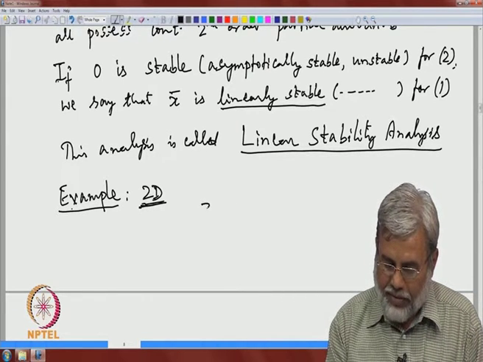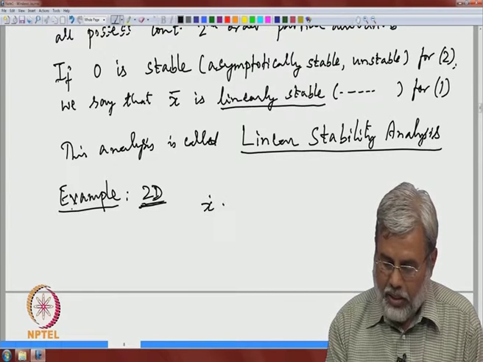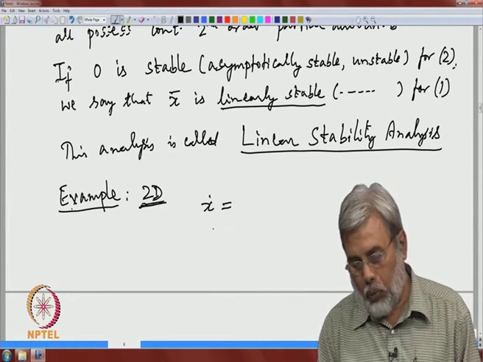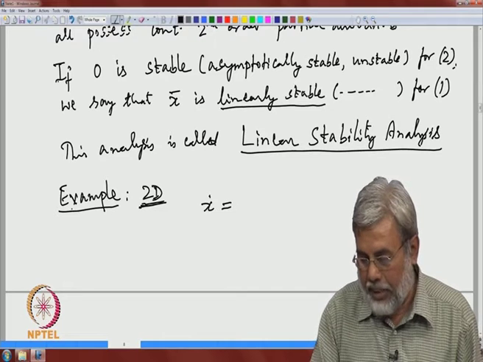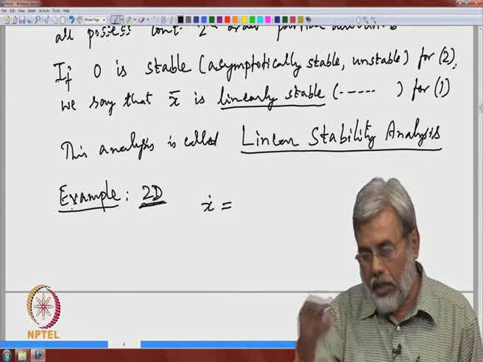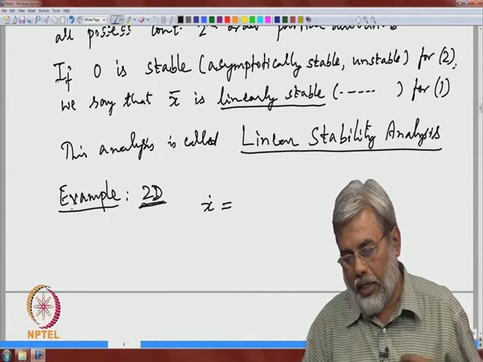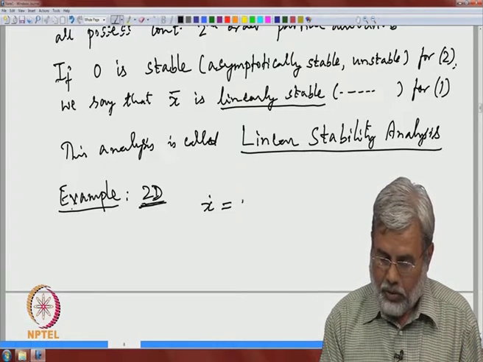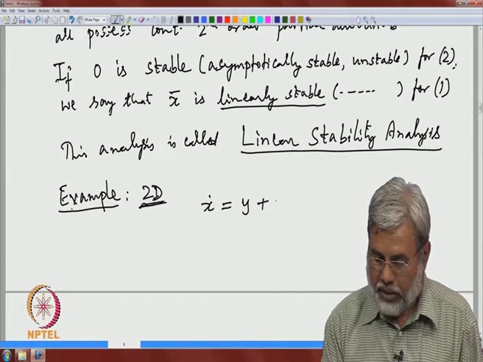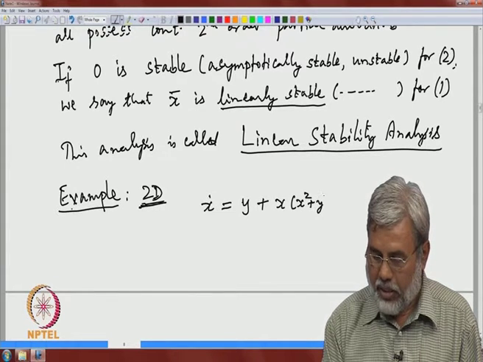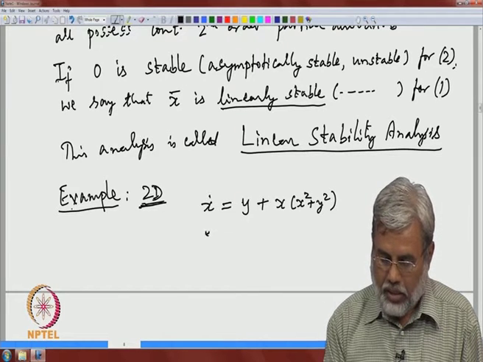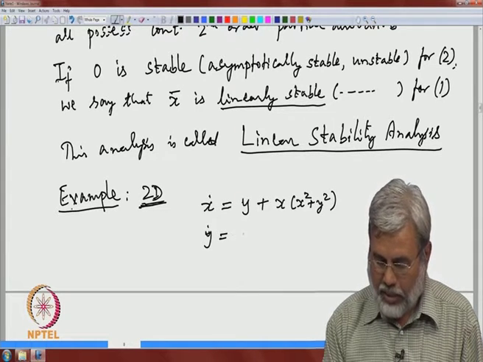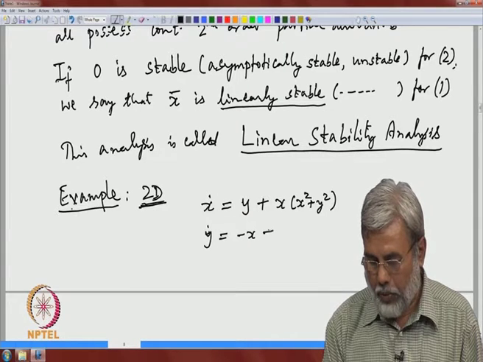So, this is again a very standard one to indicate that linear stability analysis will not indicate anything regarding the original system. Plus x square plus y square. There are some good cases, as we go along we will mention those things.